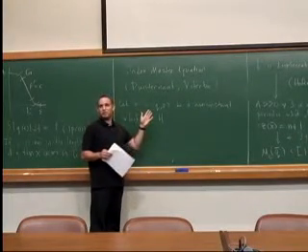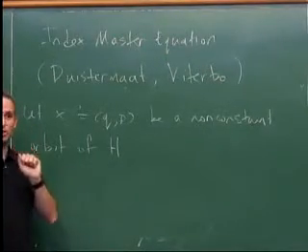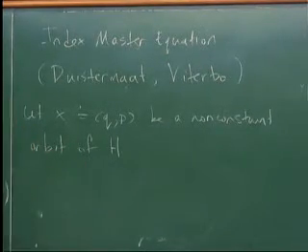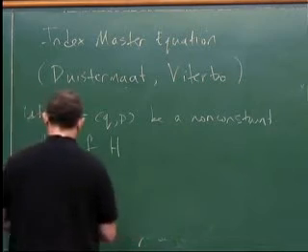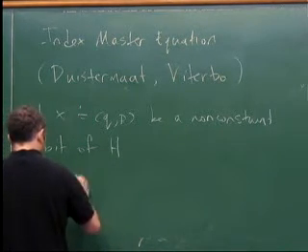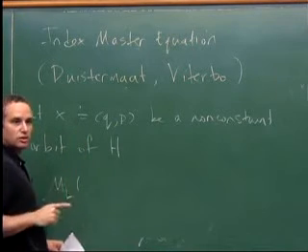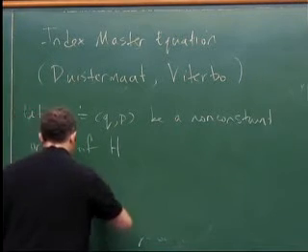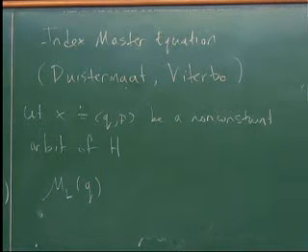I don't want to give them different notation. It's a little messy, and I want to avoid this issue a bit. But if it confuses you, please say so. Then we have the following equation for the value of the Maslov class on Q, where Q is the projection of x. We're in this situation where we can define the Maslov class on loops in L which are contractible in M.